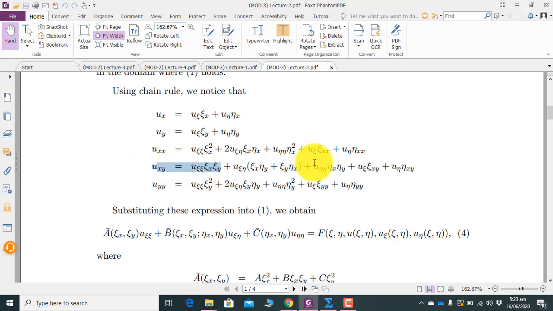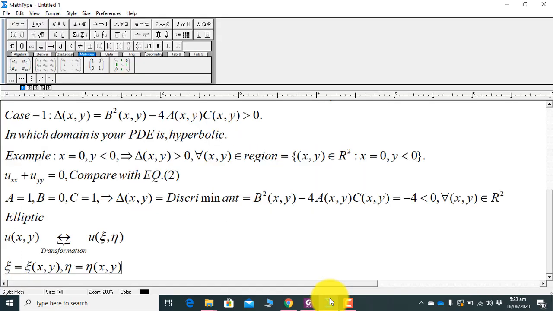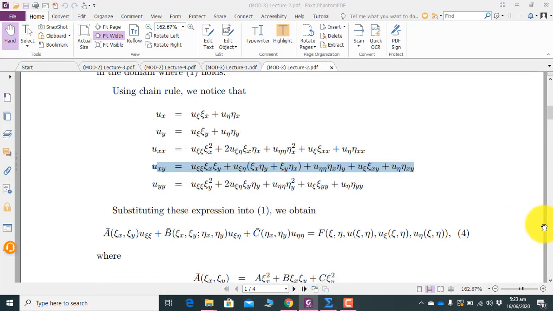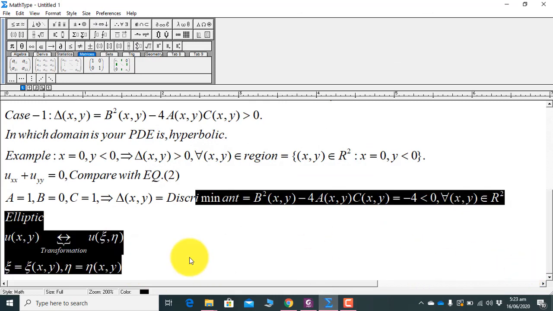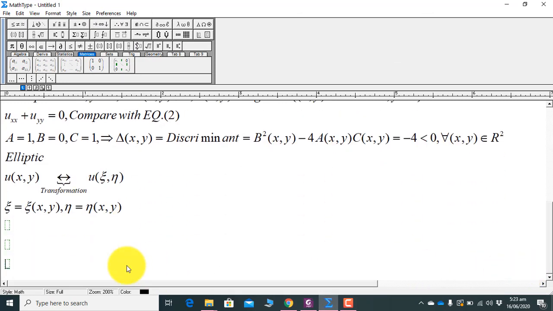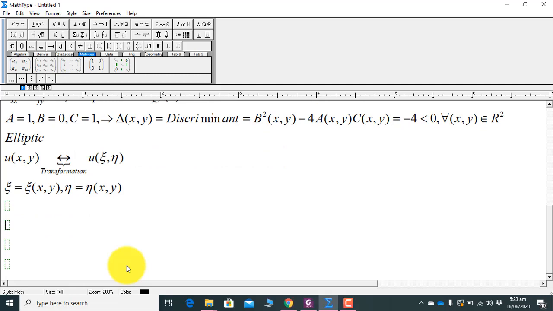For uxy, I will try to show you the calculation so that you understand the calculations regarding uxx and uyy as well. So let's start the calculation for uxy. Okay, uxy.